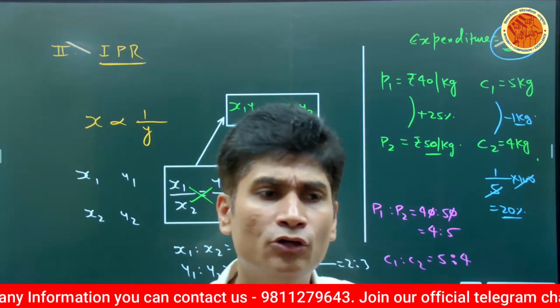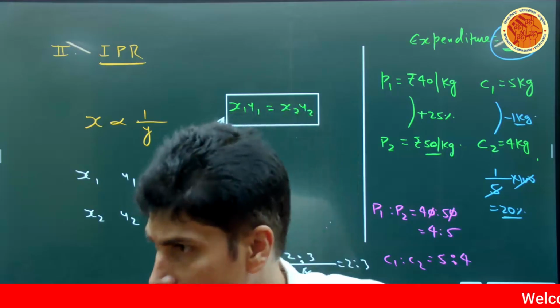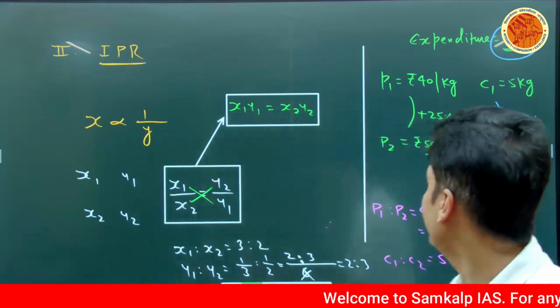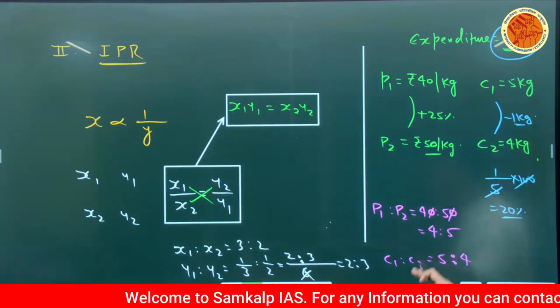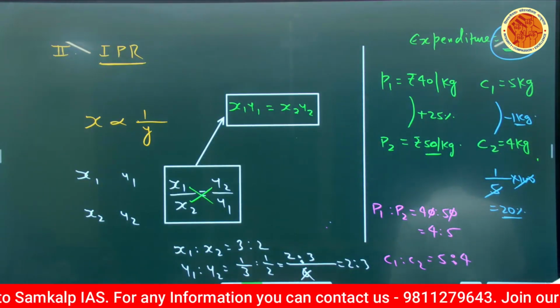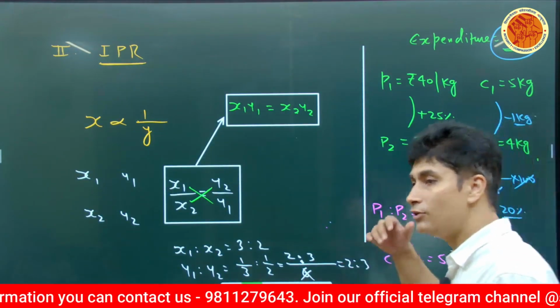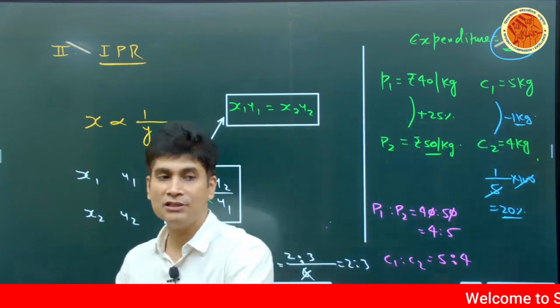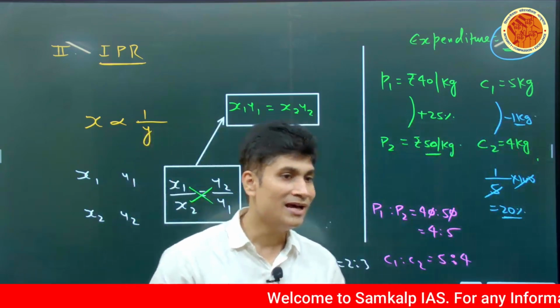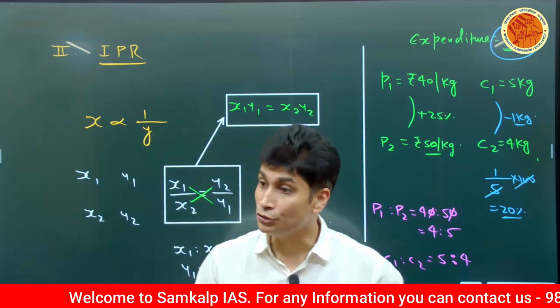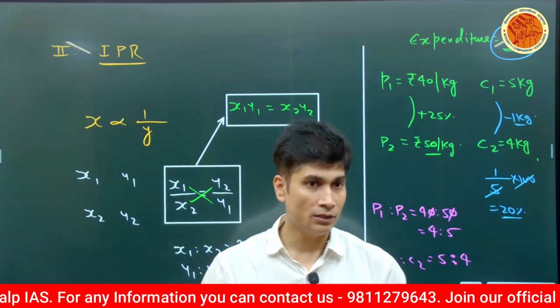No need to solve or go further. Understood? So this is what we know about relationship among quantities. There are two types of relationship: direct proportional relation and inverse proportional relation, and throughout arithmetic we are going to use only these two types.